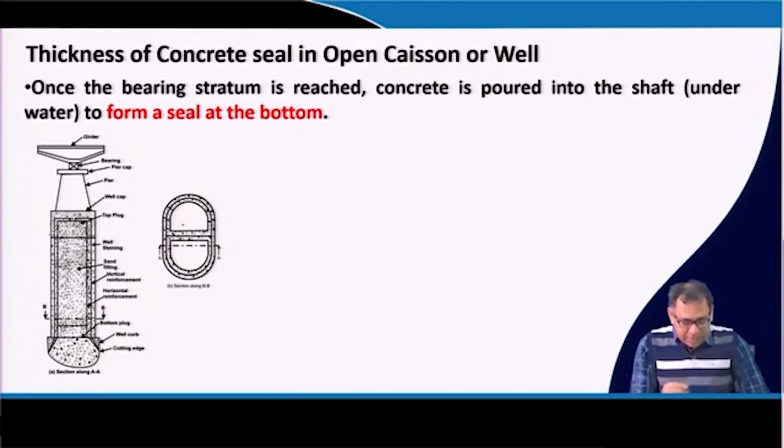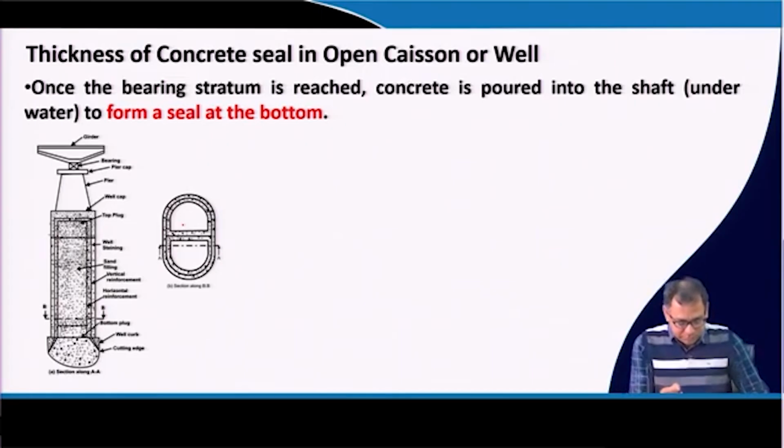In that situation we will not consider the weight of the water inside the shaft, because we do not know what the depth of water inside the shaft would be. So, it is better to neglect that weight, and we will consider only the concrete weight.